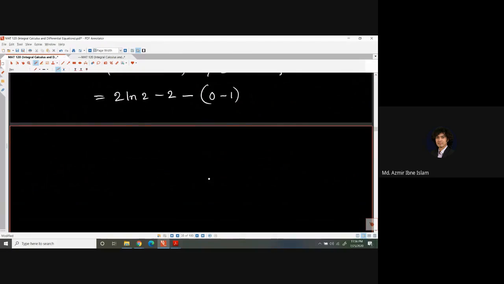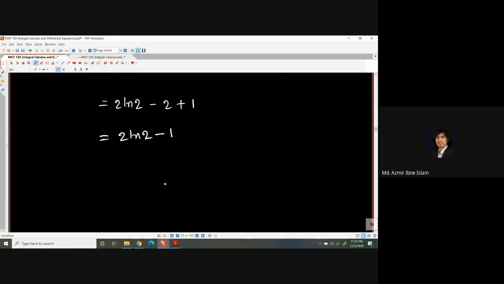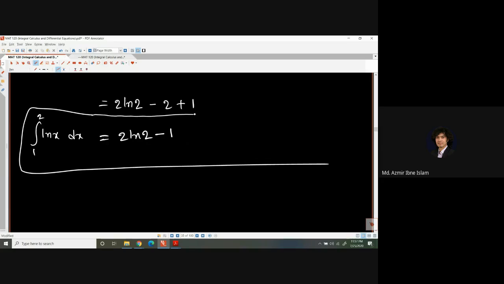Finally we can write 2 natural log of 2, negative 2, and negative negative becomes positive 1. So 2 natural log of 2, negative 1. This is our final result for the definite integral, the integration from 1 to 2 of natural log of x dx. But just to solve this integral, we have applied the integration by parts technique.